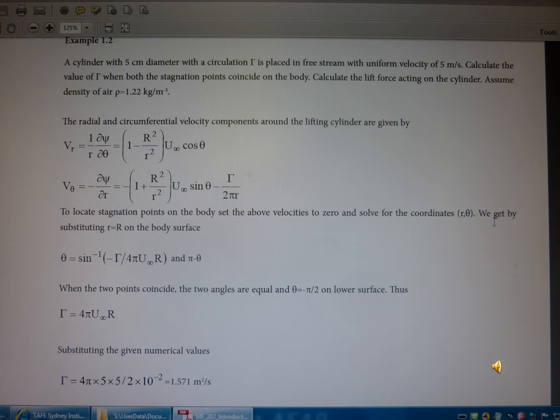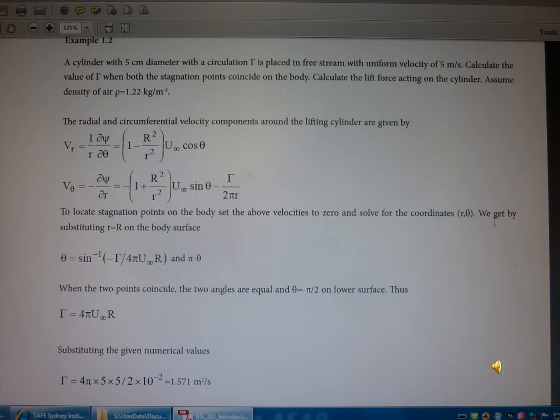So the problem: a cylinder with a 5 centimeter diameter with a circulation tau is placed in a free stream with a uniform velocity of 5 meters per second. Calculate the value of tau when the flow has a stagnation point on the surface of the body, and calculate the lift force acting on the cylinder. Assume the density of the air is 1.22 kilogram per meter cube.